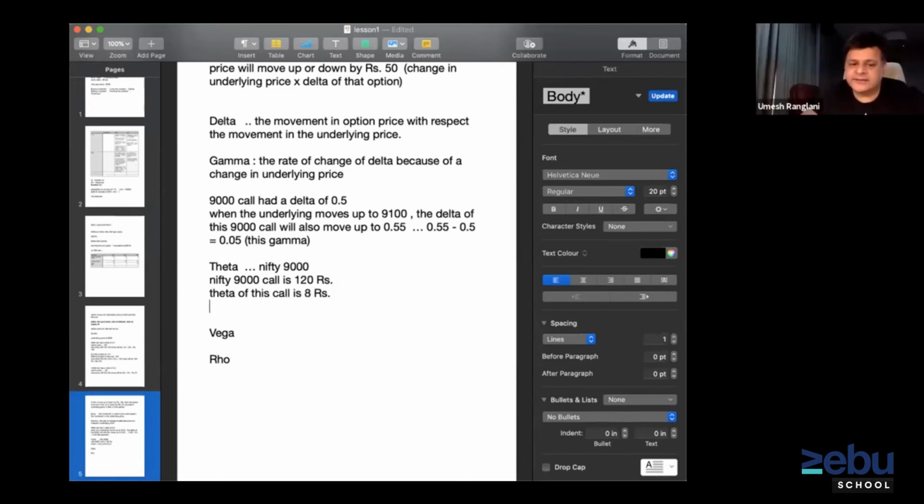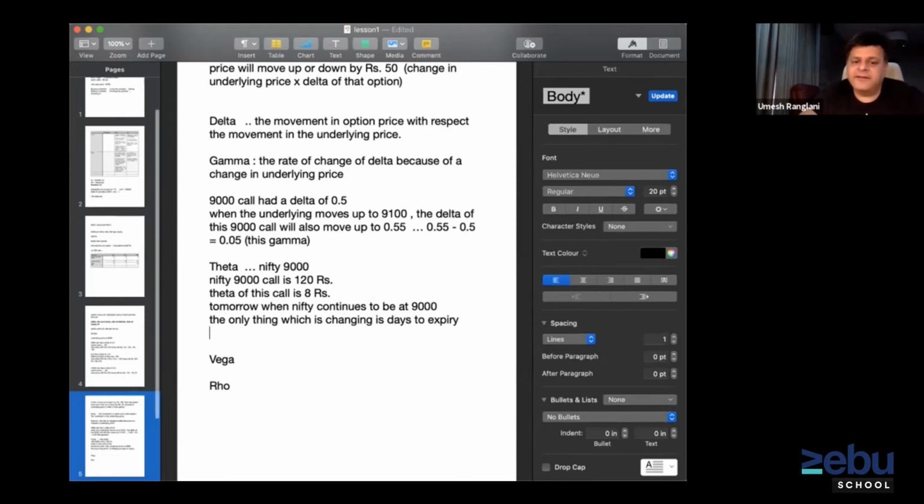If I tell you this, and you have to gauge what the option price will be tomorrow, when Nifty continues to be at 9,000, the only thing changing is days to expiry. One day is reduced. Then I will be able to gauge that the new option price will be 120 minus 8, equal to 112.